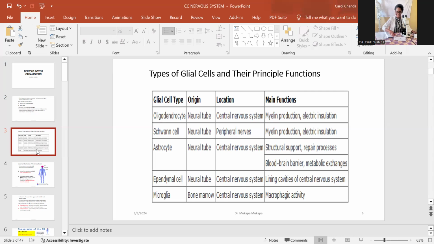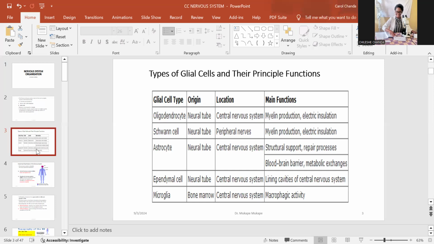We said that we have about 6 glial cells. One, we have oligodendrocytes. Oligodendrocytes are normally found in the central nervous system, where the brain and spinal cord are located. Their origin is the neural tube. Remember when we did embryology, we talked about the neural tube.